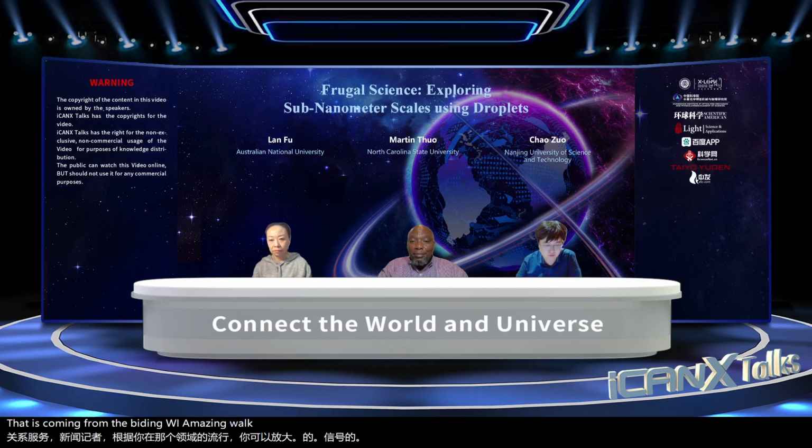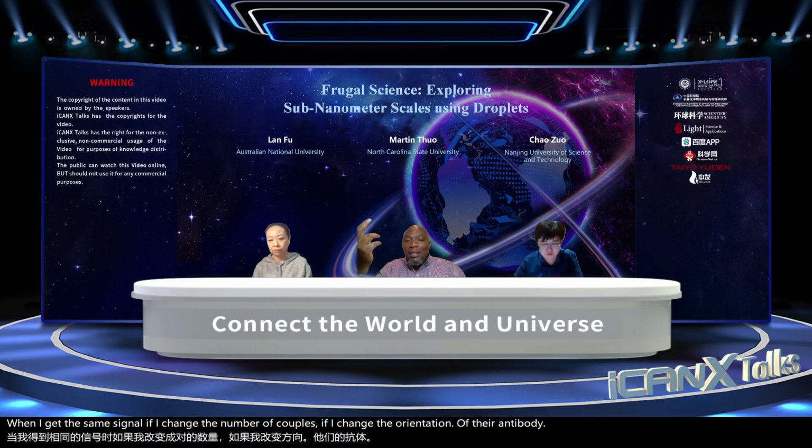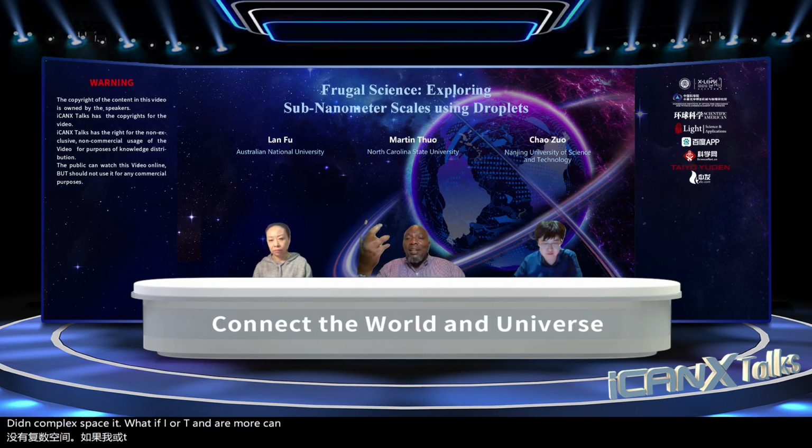Amazing work. But whenever I look at those kinds of sensors, I always ask myself, what is the role of this little ligand you're using to attach the molecule on the surface, on the optical response? Will I get the same signal if I change the number of carbons, if I change the orientation of the antibody-antigen complex pairs? What if I rotate that molecule and make it chiral or achiral?